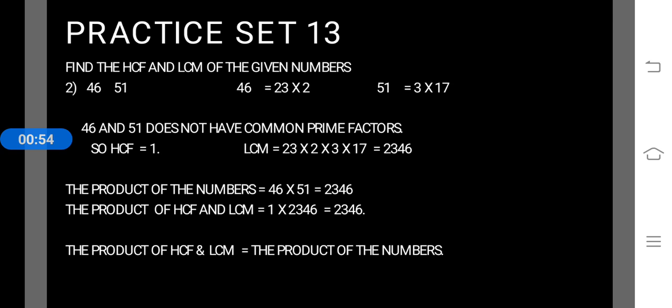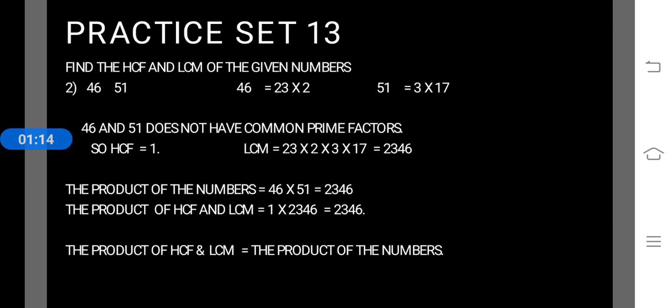Find the HCF and LCM of the given numbers 46 and 51. 46 is factorized as 23 into 2 and 51 is factorized as 3 into 17. 46 and 51 do not have a common factor.